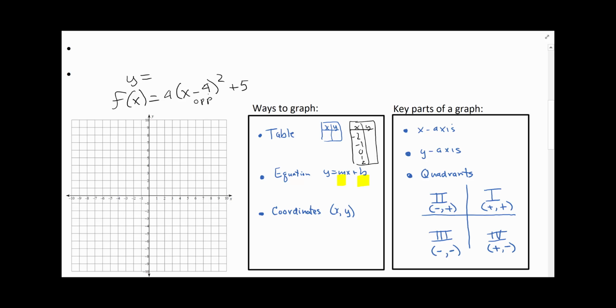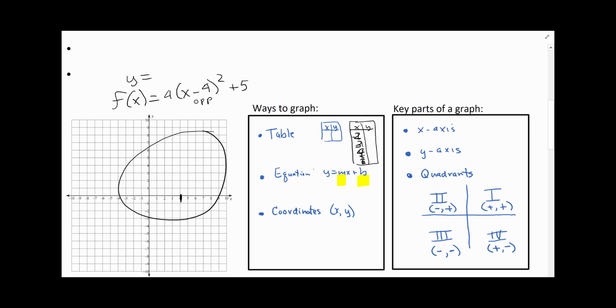So if we know that when x is equal to +4, it zeroes out, that graph is going to be shifted, you might want to have, instead of 0 in the middle for your x value, 4 in the middle, and then this would be 3 and 2, and this might be 5 and 6, to give you an idea of what's happening to the graph as it's shifted over to 4 on the x-axis. Okay, so that's the table method.